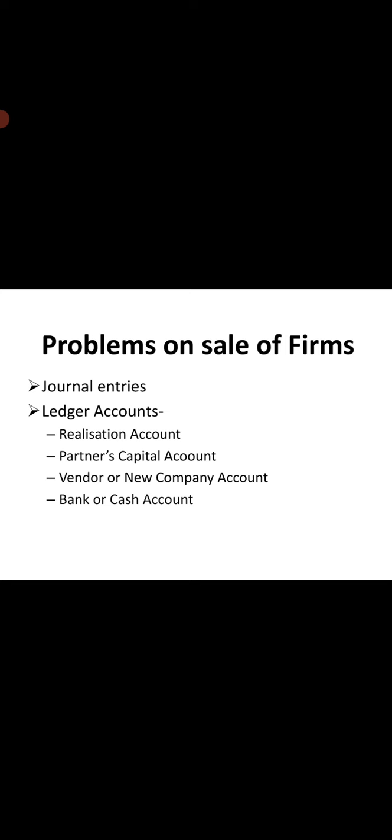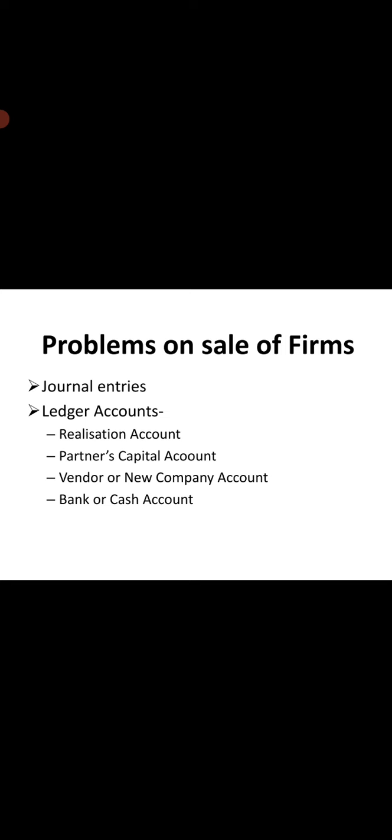In the next stage, we will transfer the reserve fund or even profit and loss which is available in the balance sheet. Here we have a reserve fund of 7,000 which is transferred in their profit sharing ratio. The entry is reserve fund account debit 7,000 to X's capital account 4,200, to Y's capital account 2,800. Finally, the settlement of the partners' capital final balance.